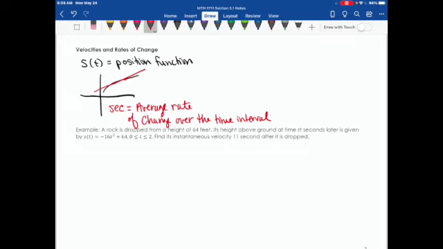So if I want to find the instantaneous velocity, meaning the velocity that you're traveling at a certain instant, what we're going to do is take the derivative and find the slope of the tangent line at that one point. That would be the instantaneous rate of change. So we're going to say that the instantaneous velocity is going to be the derivative of the position function at a particular time.